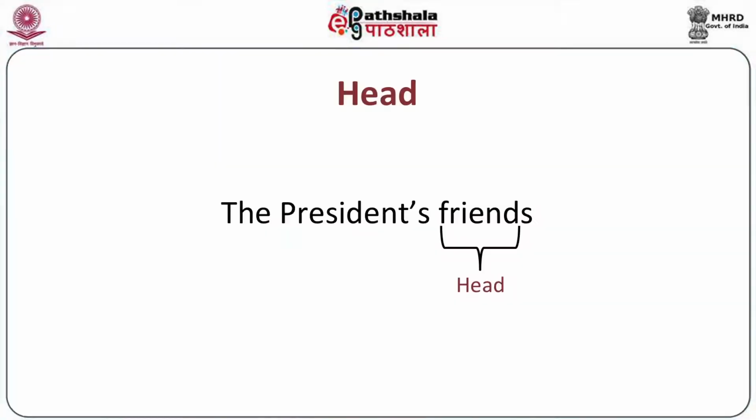That is the difference. That is why friends is the head and president's is the dependent and not the head. Because the head can be substituted for the whole thing without reservation. In an unqualified, absolute way, it can be substituted. It is that part of the construction that has the same distribution as the construction as a whole.